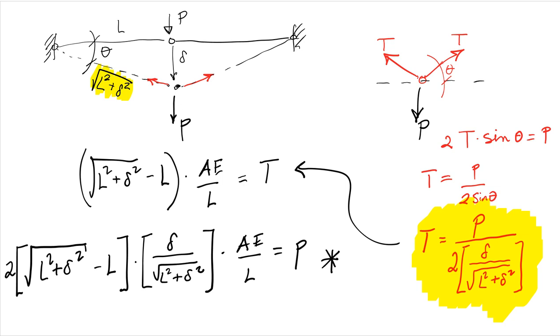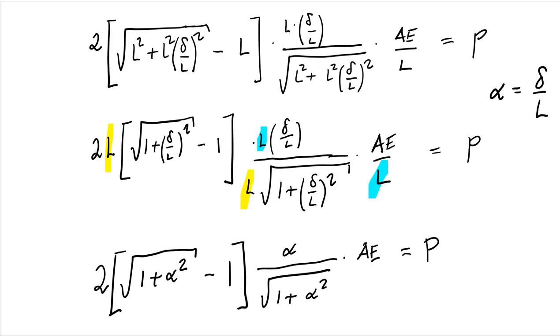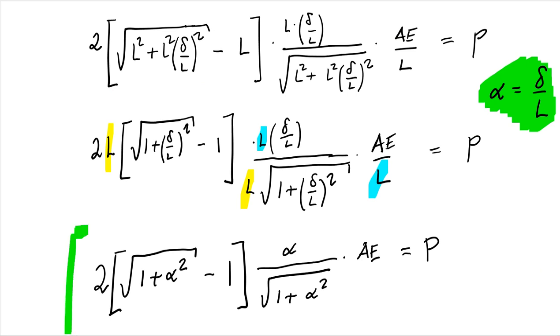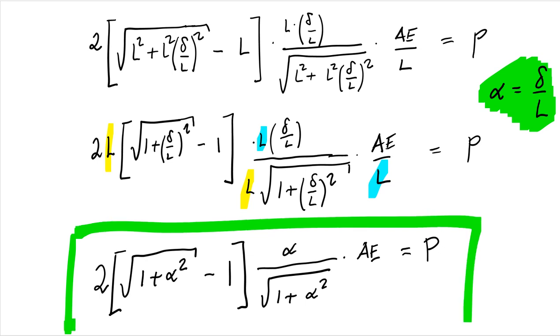To simplify the expression a little bit and make it more workable, we are going to express everything in terms of the slope. So delta over L equals alpha. And if we do that, the expression simplifies to this expression down here after a little bit of algebra.